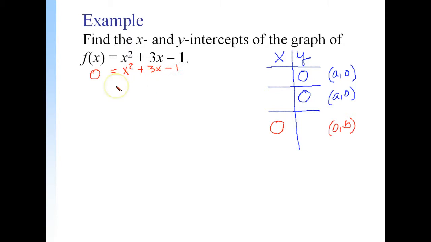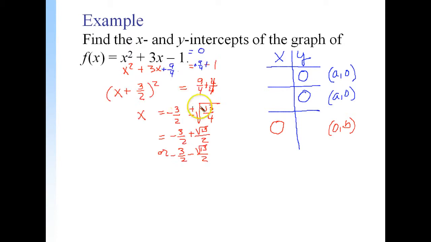And we want to find our values here. Well, we can use completing the square for this. I could have used the quadratic formula, but I used completing the square here.